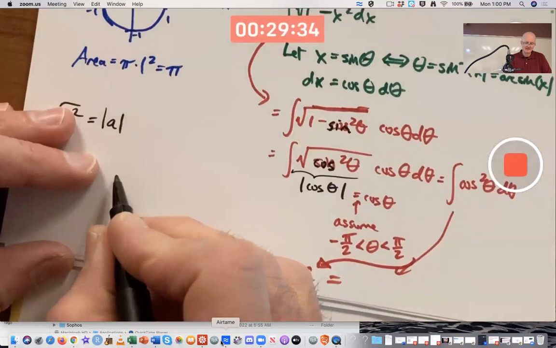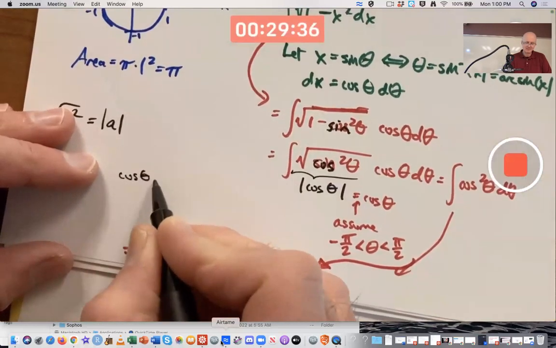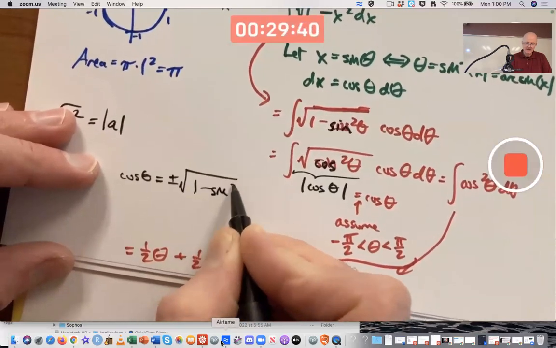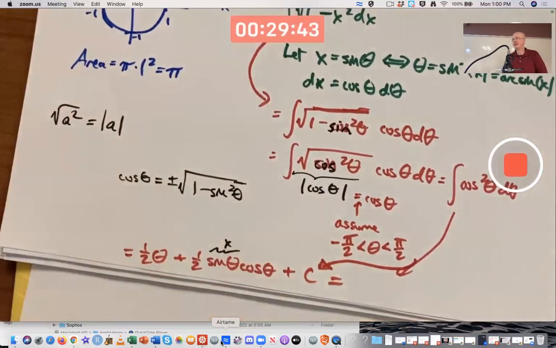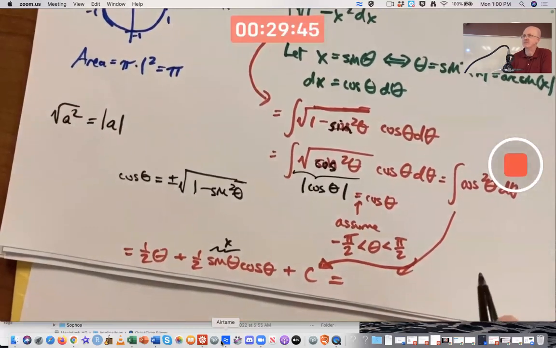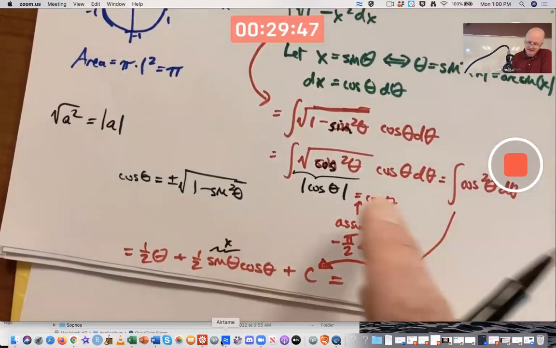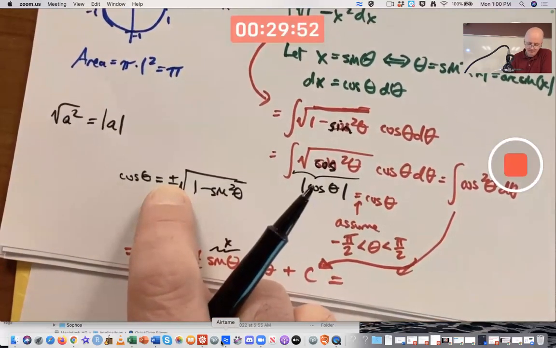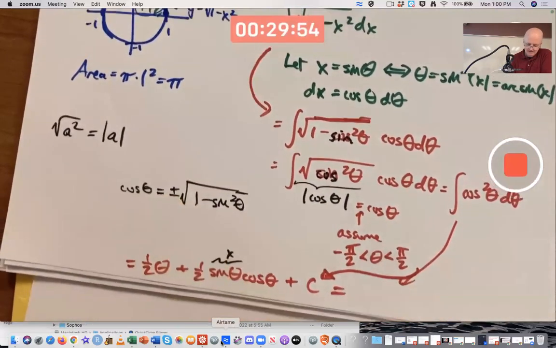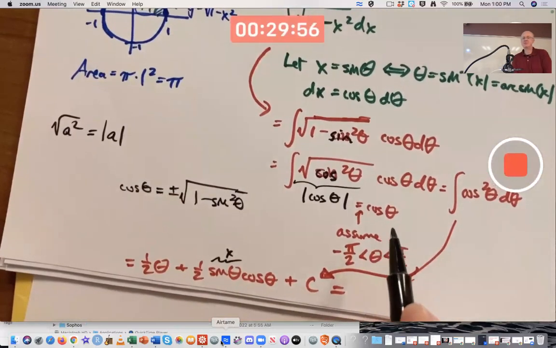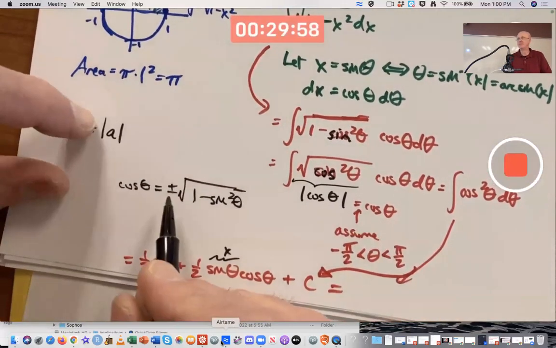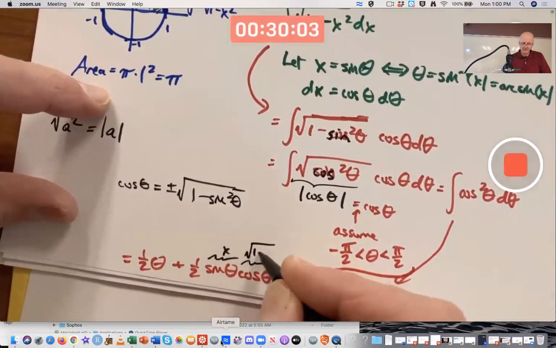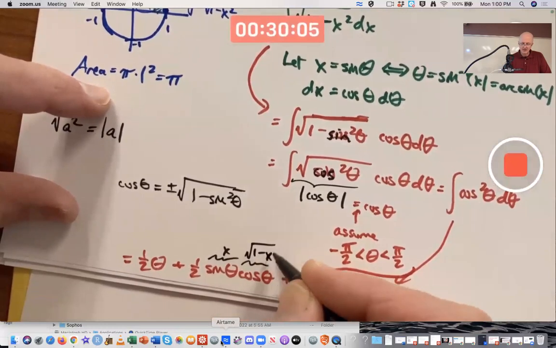Cos theta is plus or minus square root of 1 minus sine squared theta. And here's where, in the case where cosine theta is negative, the two minus signs would cancel. In the case where you pick a negative quantity here, you'd also pick a negative here. I assumed cos theta was positive here, so I can actually take the positive there. Replace this with square root of 1 minus, replace the sine with x, 1 minus x squared.